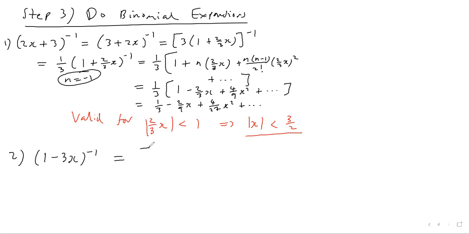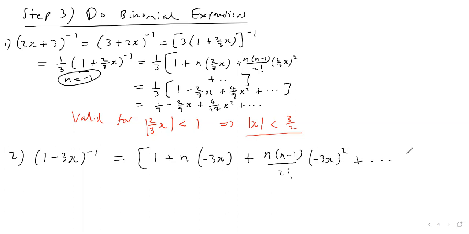Again, using our formula, it's 1 plus n times this term here, negative 3x, and then plus n times n minus 1 divided by 2 factorial times negative 3x squared, plus the rest of our terms. Again, n is equal to minus 1.